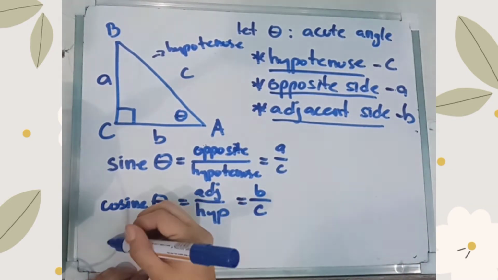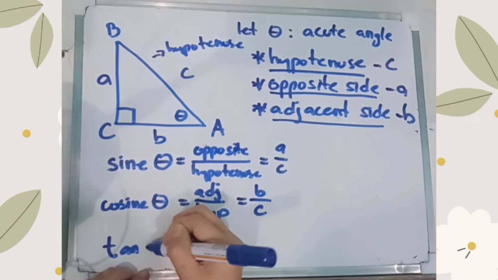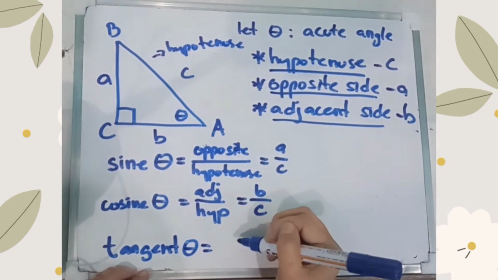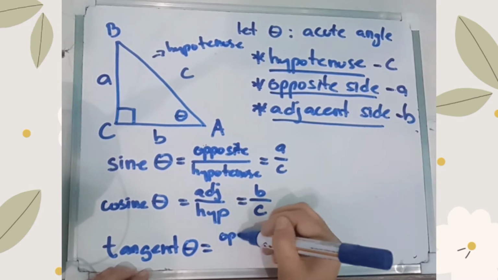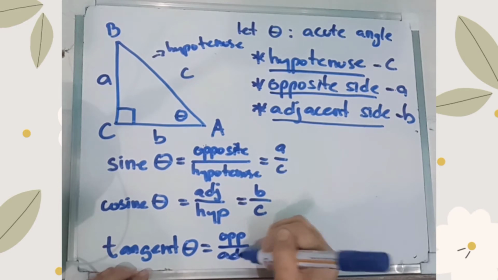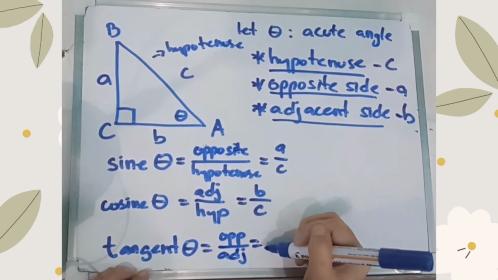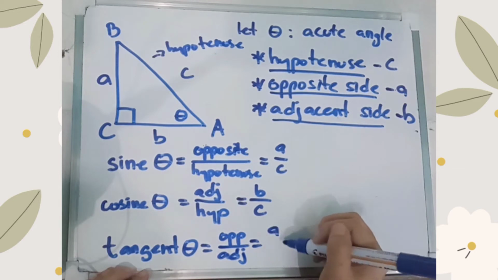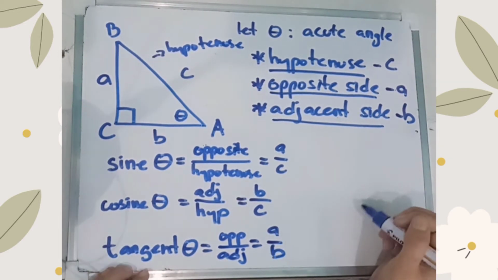Next, we have tangent theta. Tangent theta is denoted by the ratio opposite over adjacent, and in terms of sides, that is a over b.